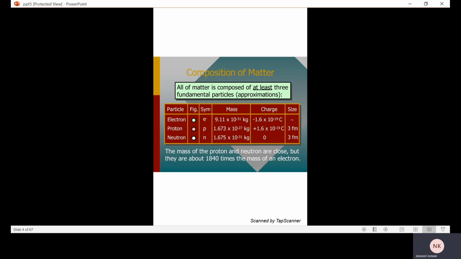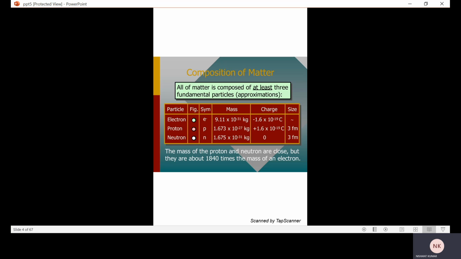Composition of matter. All matter is composed of three fundamental particles: electron, proton, and neutron. The mass of an electron is 9.11 into 10 to the power minus 31 kg, and the charge is minus 1.6 into 10 to the power minus 19 coulomb.